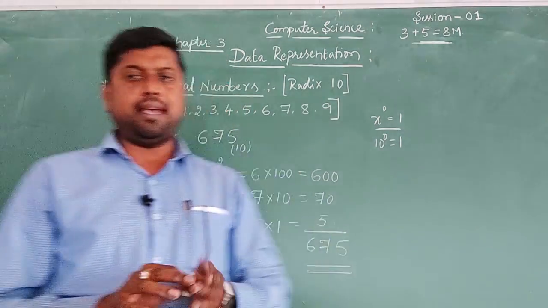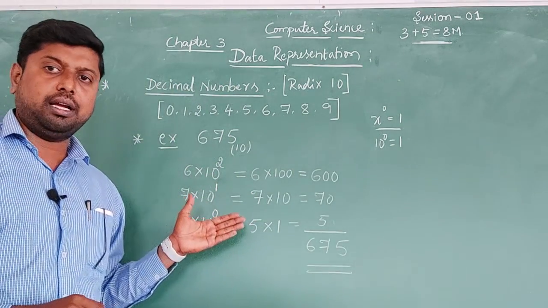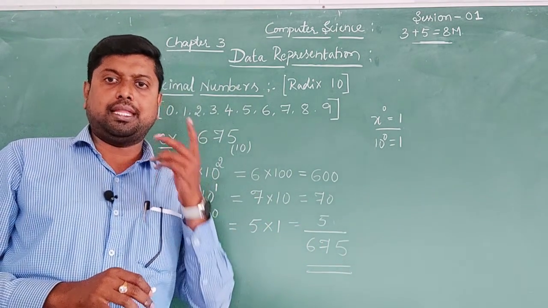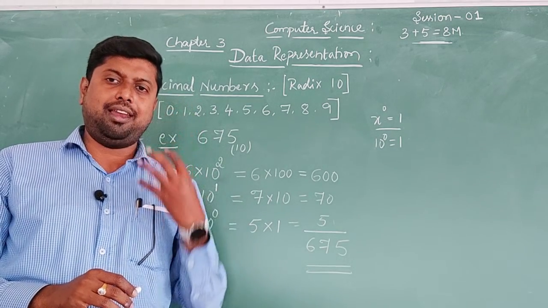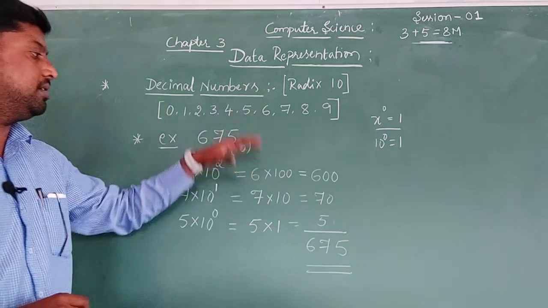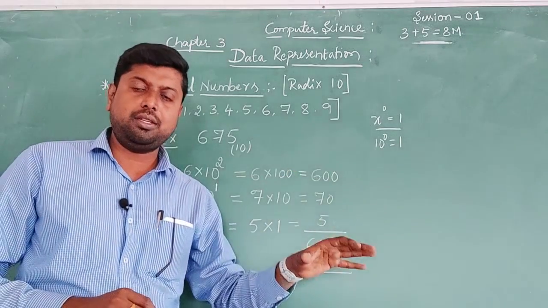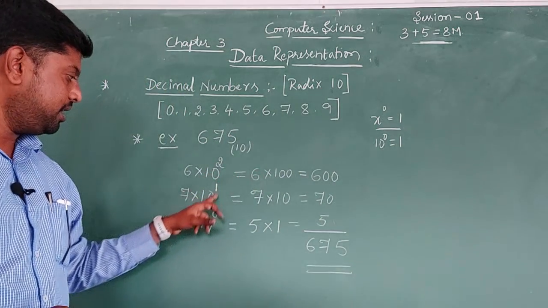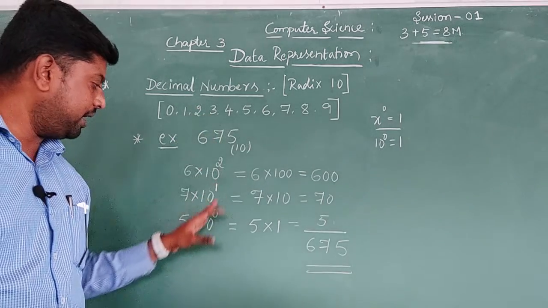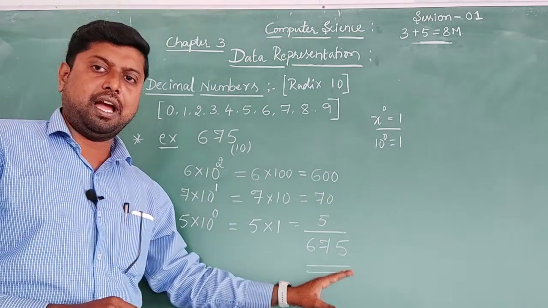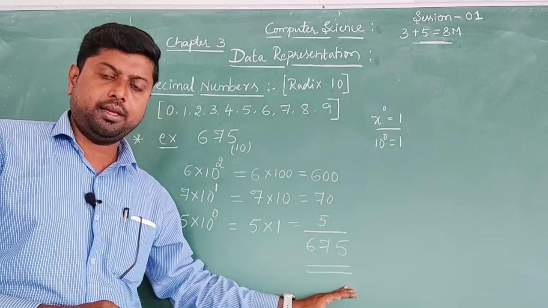So from this example, we learn that we can calculate a number in any type of numbering system with the help of its radix, and we can reach a conclusion.